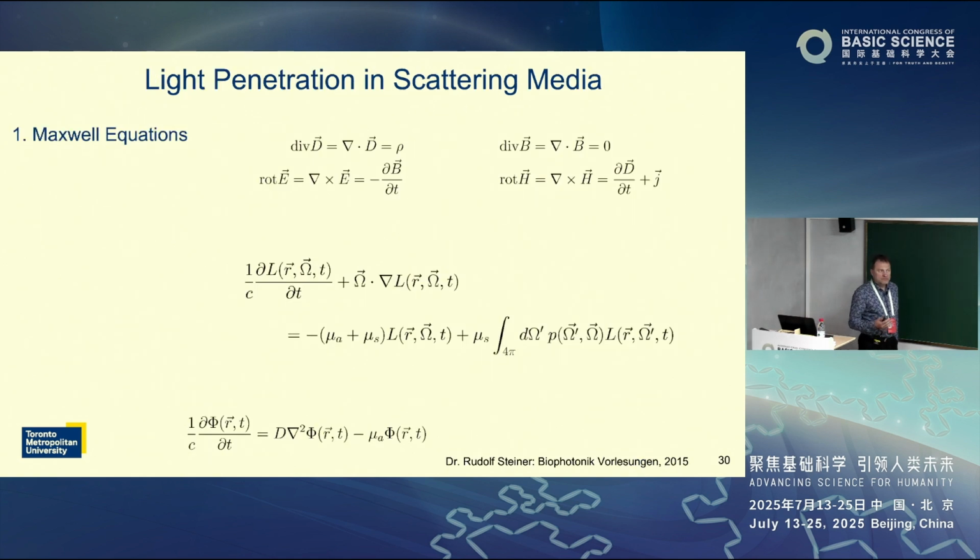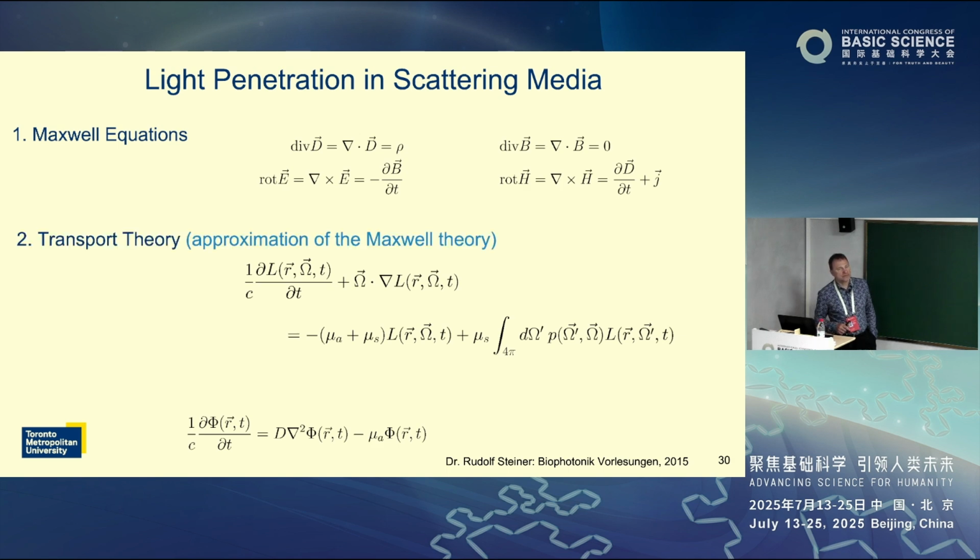So how would we describe the formalism behind that? So far I explained the phenomenology, but now I would like to talk about the maths. First of all, of course, the first tool we have is the Maxwell equation. In terms of biological tissue, it's actually quite difficult to solve because you have a lot of unknowns.